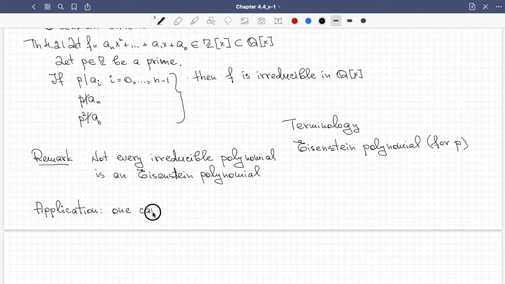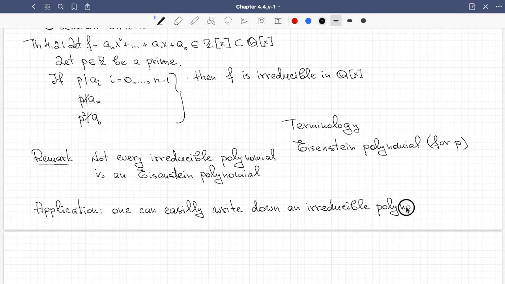One can easily write down an irreducible polynomial of any degree bigger or equal than 1. Here we go. Example.